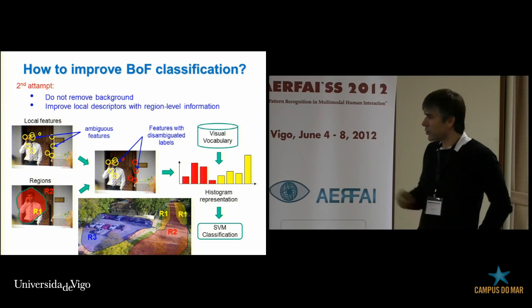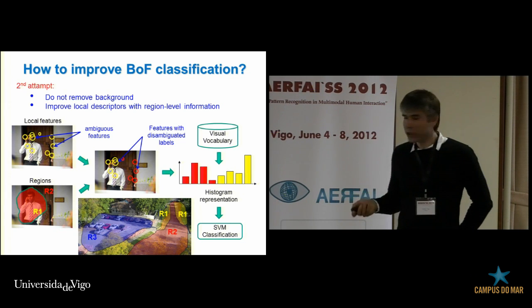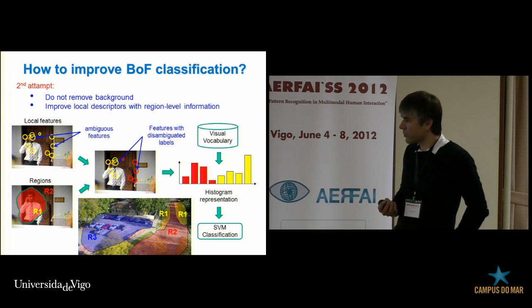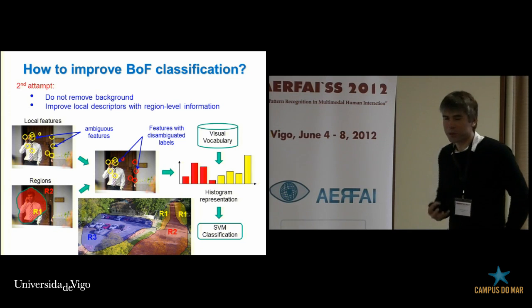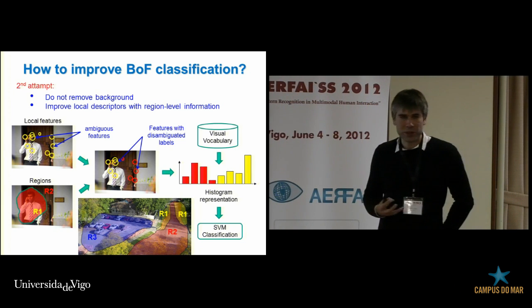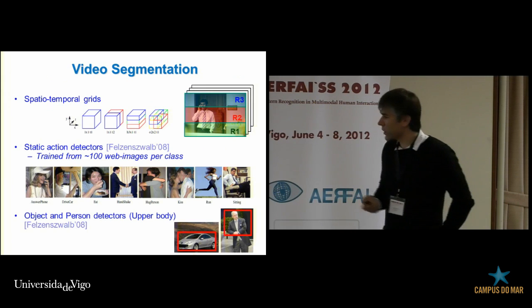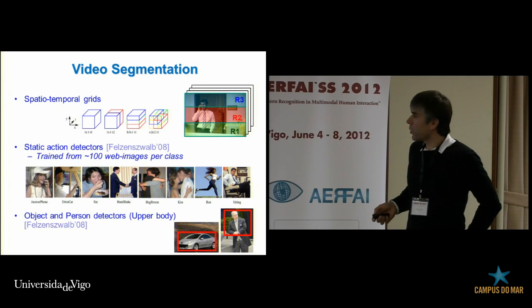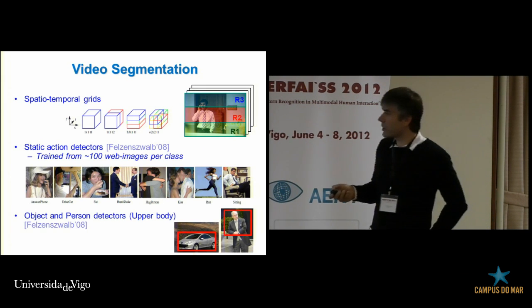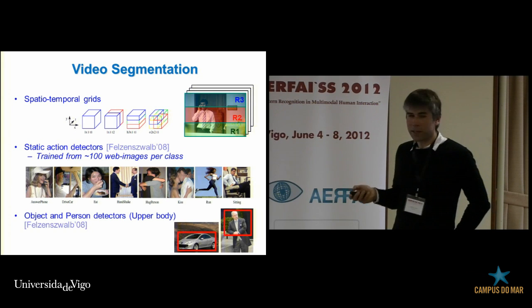And what is the segmentation? We don't want to commit to some particular segmentation, so we just try different segmentations and see what works. The simplest way of segmenting is just tiling the full video.